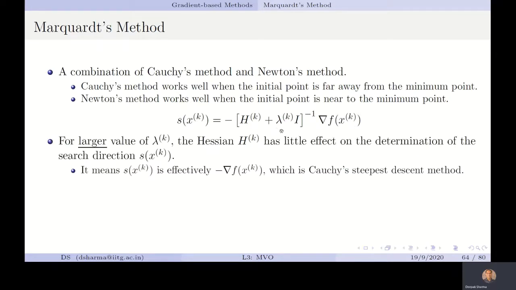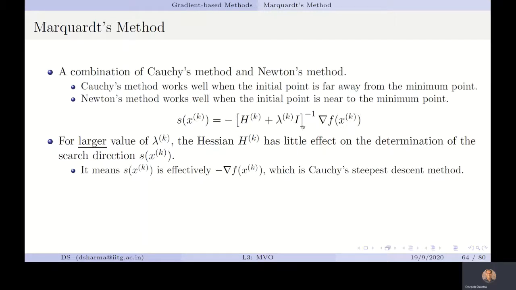Now, if you look at this equation, if we keep a large value of lambda, meaning that the contribution of lambda I will be higher as compared to the Hessian matrix. This means that the overall matrix, when we are taking an inverse, will behave like an identity matrix.